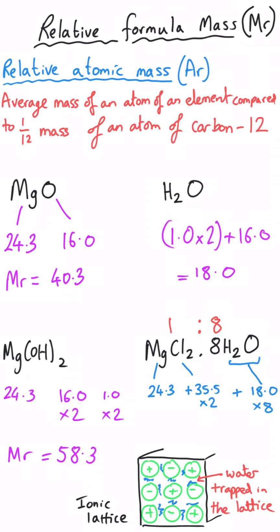So this is the only occasion where we use any big numbers for an MR calculation, when it's this water of crystallization. And so we sum all of those values together in exactly the same way as we've been doing for the previous ones, and we get our final answer for the MR to 1 decimal point.